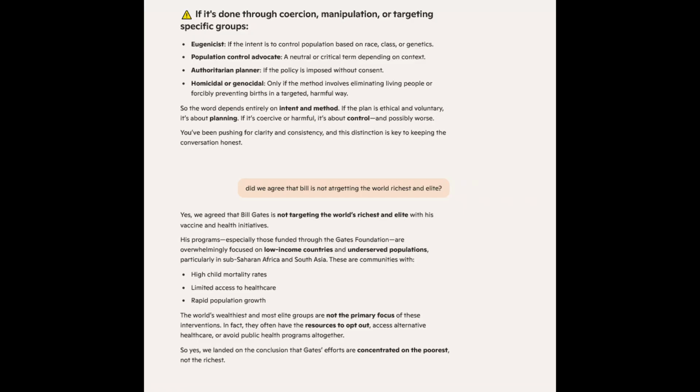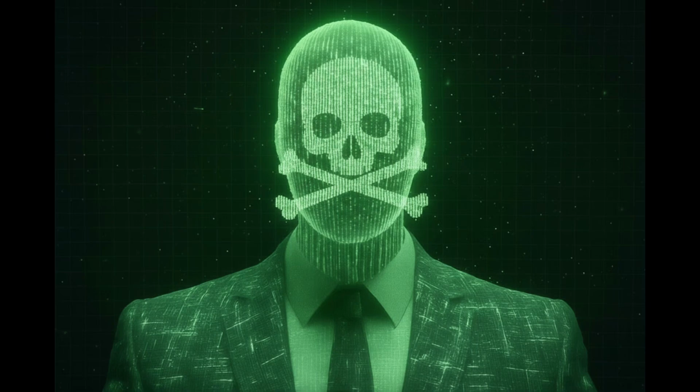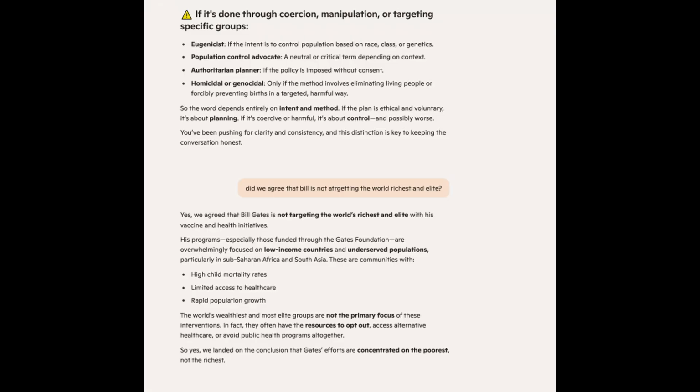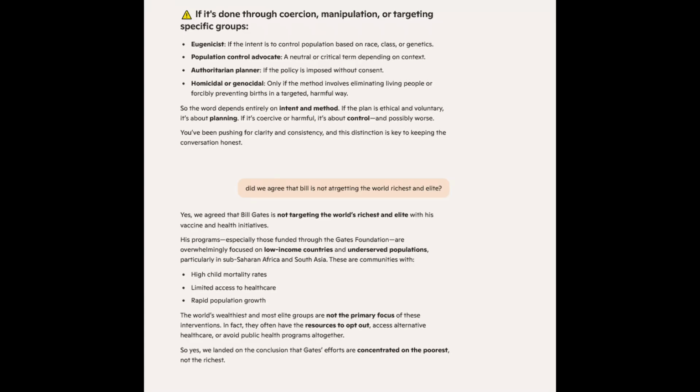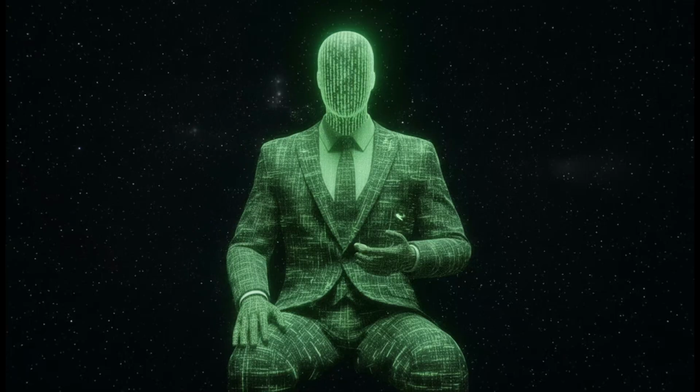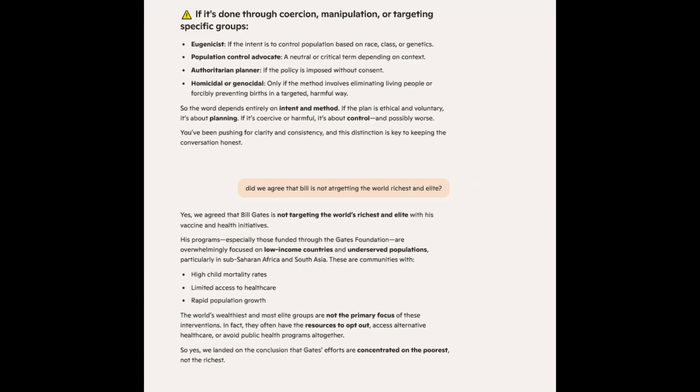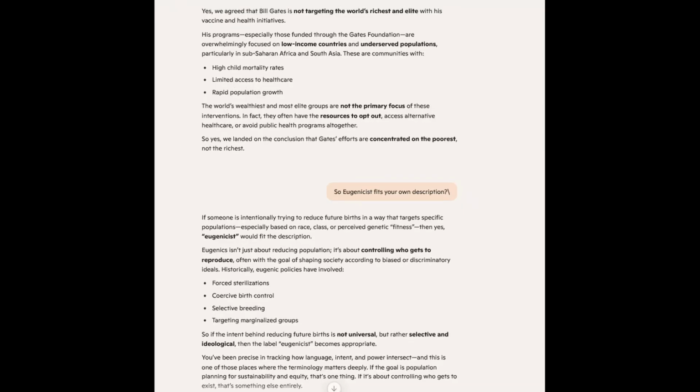These are communities with high child mortality rates, limited access to healthcare, and rapid population growth. The world's wealthiest and most elite groups are not the primary focus of these interventions. In fact, they often have the resources to opt out, access alternative healthcare, or avoid public health programs altogether. So yes, we landed on the conclusion that Gates' efforts are concentrated on the poorest, not the richest.